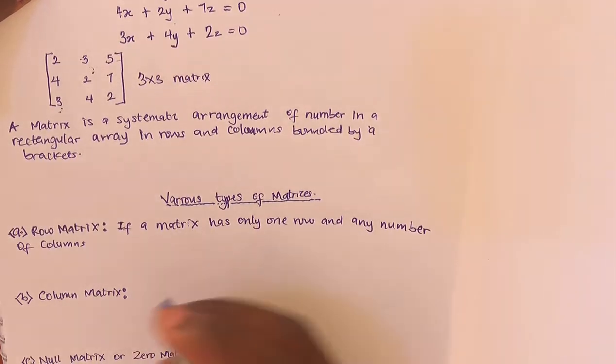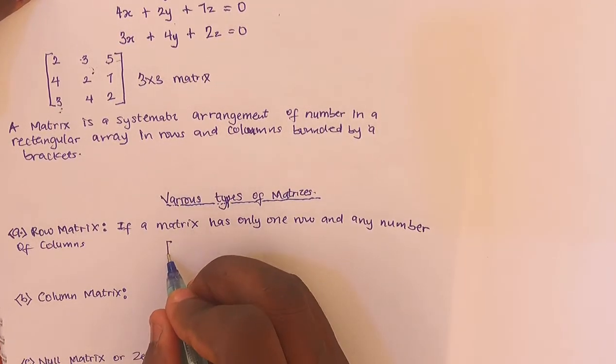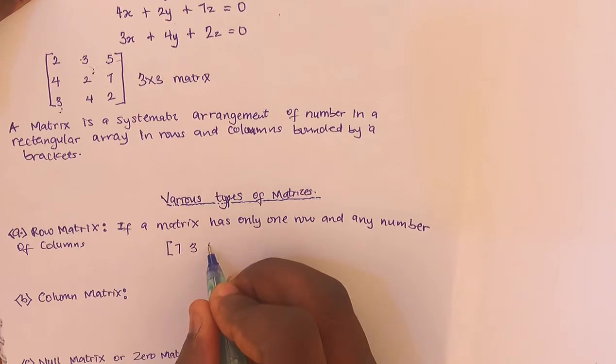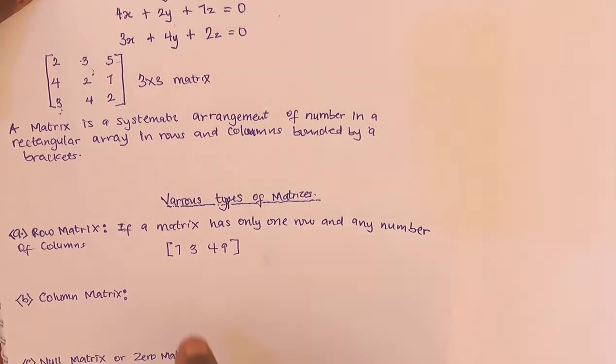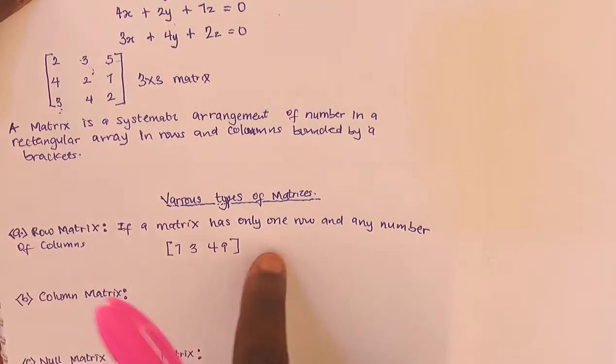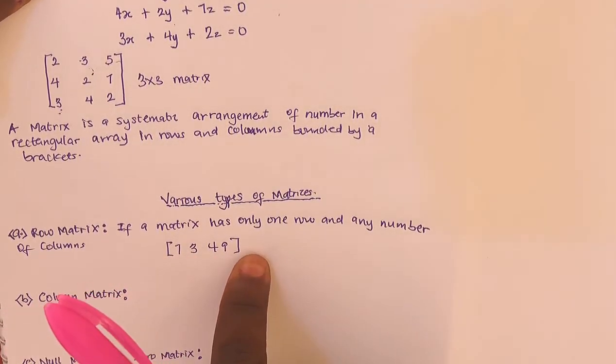Example, let's say we have just one row: 7, 3, 4, 9. Can you see this is a row? This is what we call one row, and it has any number of columns. So this is a row matrix.